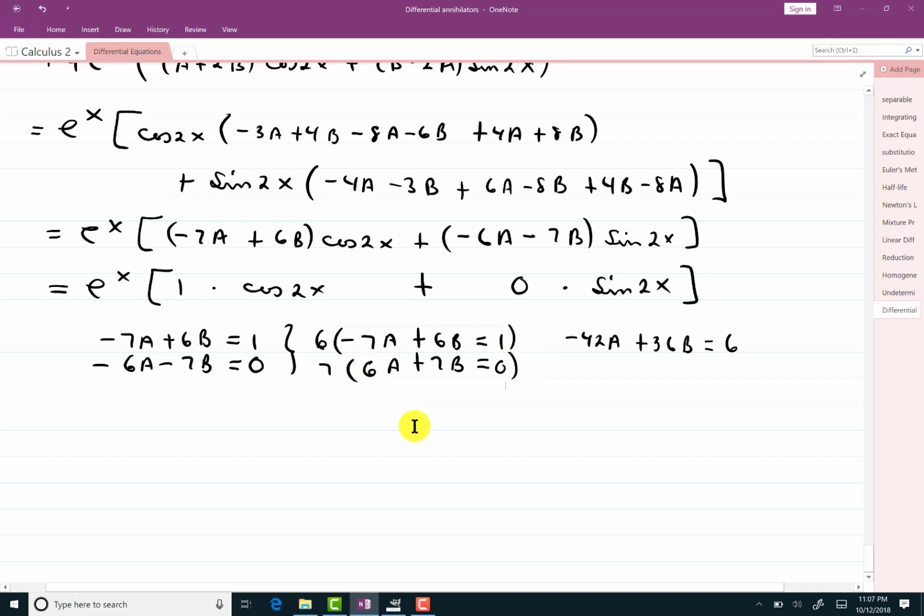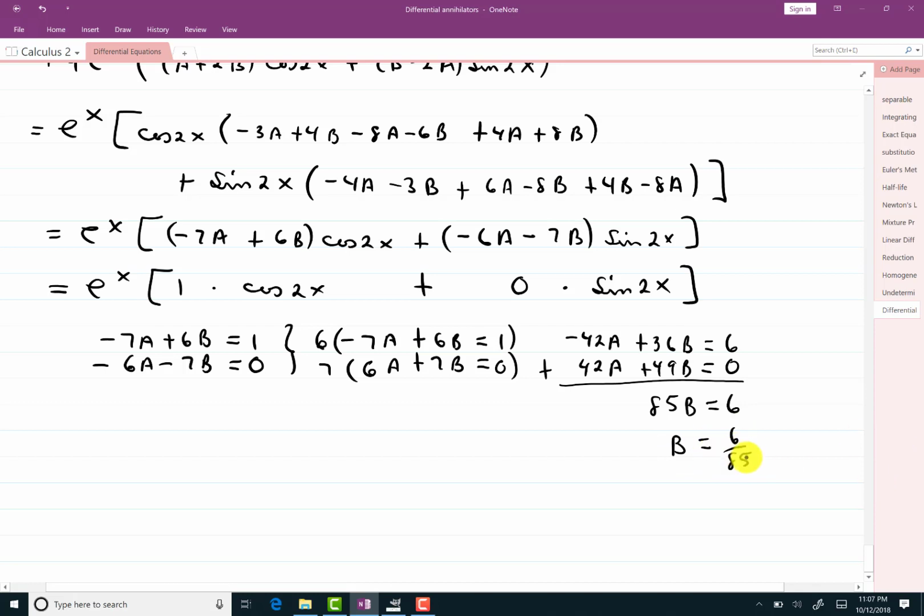And then over here I'll get 42a plus 49b will equal 0. Add these two together, and it looks like I'm going to get 85b will equal 6, or b will equal 6 over 85.